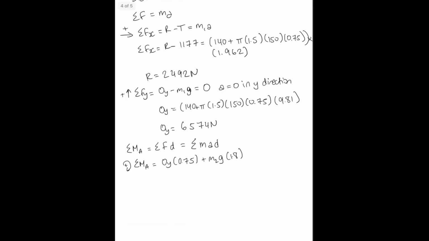So it's going to be minus R multiplied by 1.65 plus 1.5 over 2, minus NB times 1.8 times 2, because B is twice that length away from A, and all of that is going to be equal to M2 AG multiplied by 1.05.